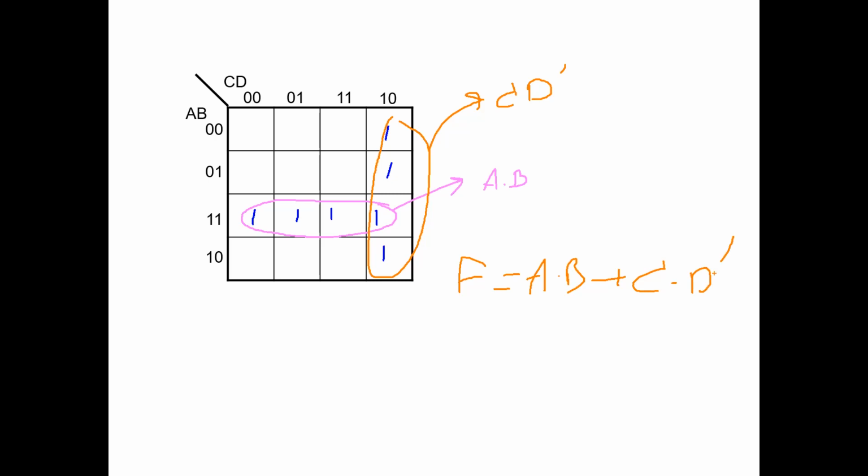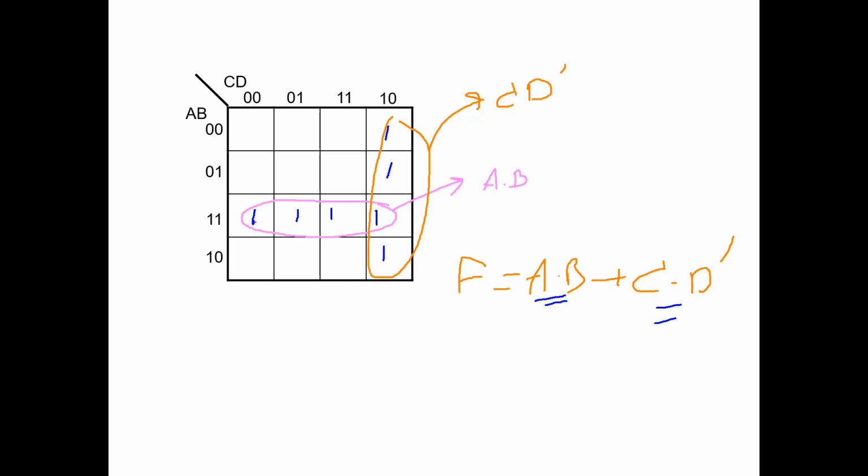Everyone understand? So when you have the equation, you can check by replacing 1 in the K-map again if you want to check. Your function again wants to be 1.